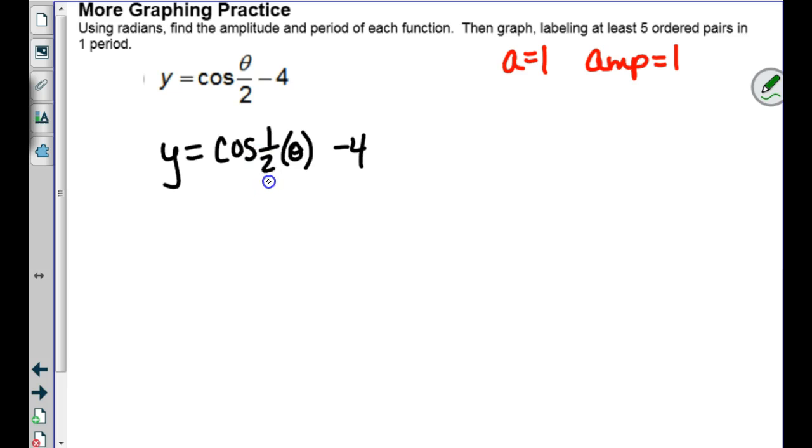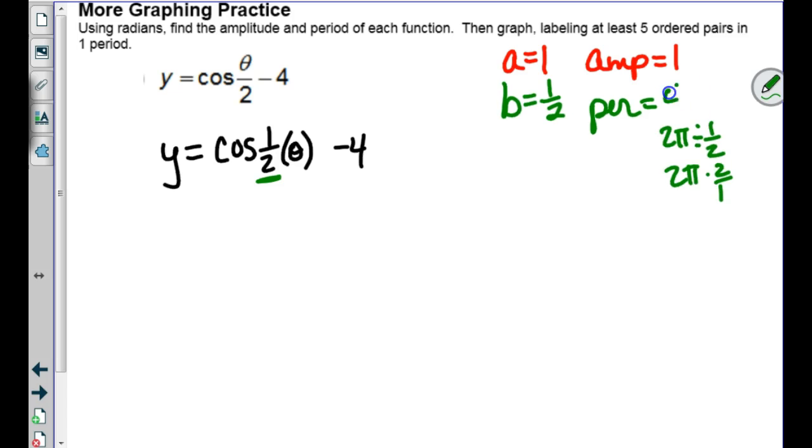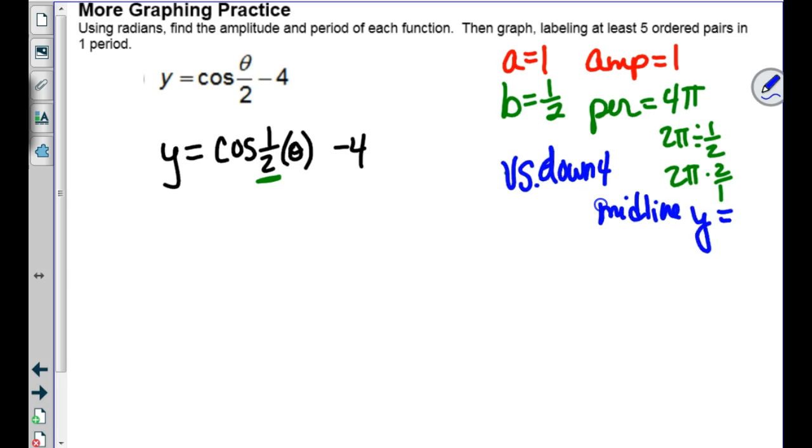What's B in here? 1/2, which makes the period, remember it's a reciprocal value, so it's 2 pi divided by 1/2, or 2 pi times 2 over 1, which is 4 pi. Good job. There is no phase shift, but there is a vertical shift of what? Down 4. So the midline is at y equals -4 is actually the equation.